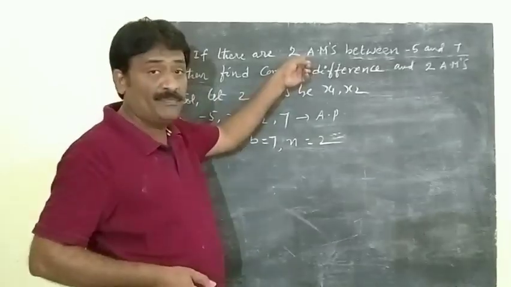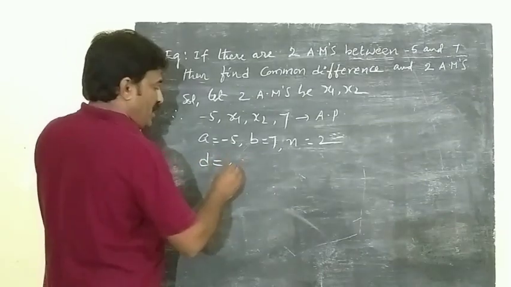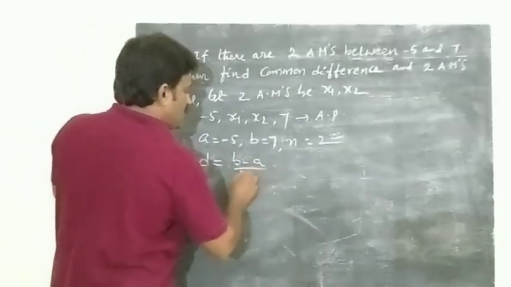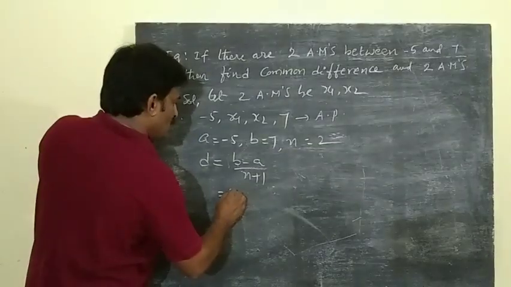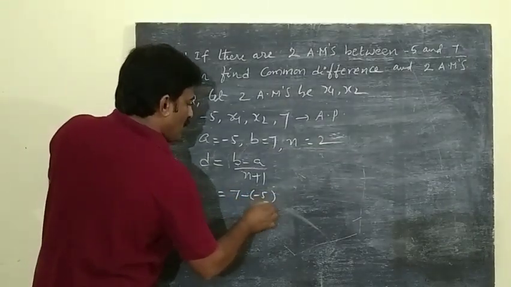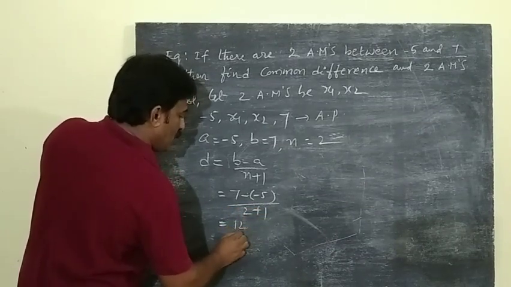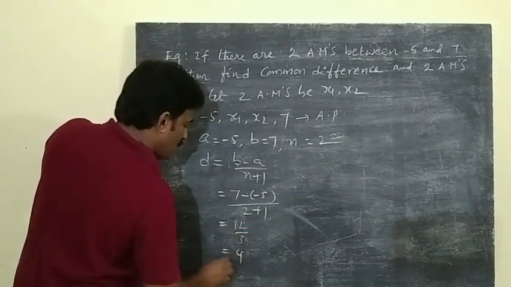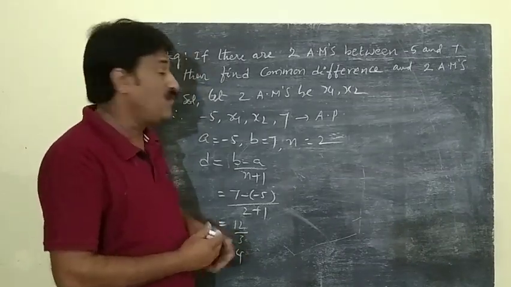How many? From the data, 2 arithmetic means. Now common difference d is equal to b minus a by n plus 1, that is equal to 7 minus of minus 5 divided by 2 plus 1, that is equal to 12 by 3 is equal to 4. Common difference is equal to 4.